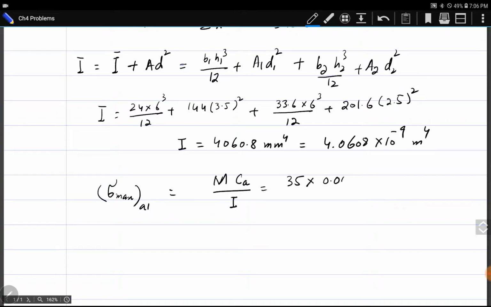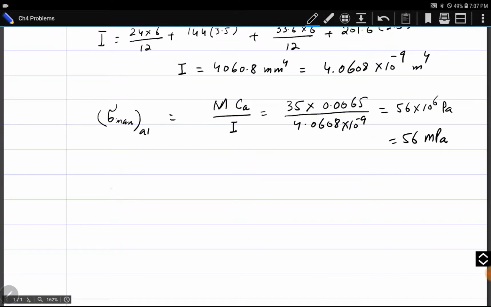C A is 0.0065. I is 4.0608 into 10 power minus 9. So sigma maximum in aluminum comes out to be 56 into 10 power 6 pascals or 56 megapascals.